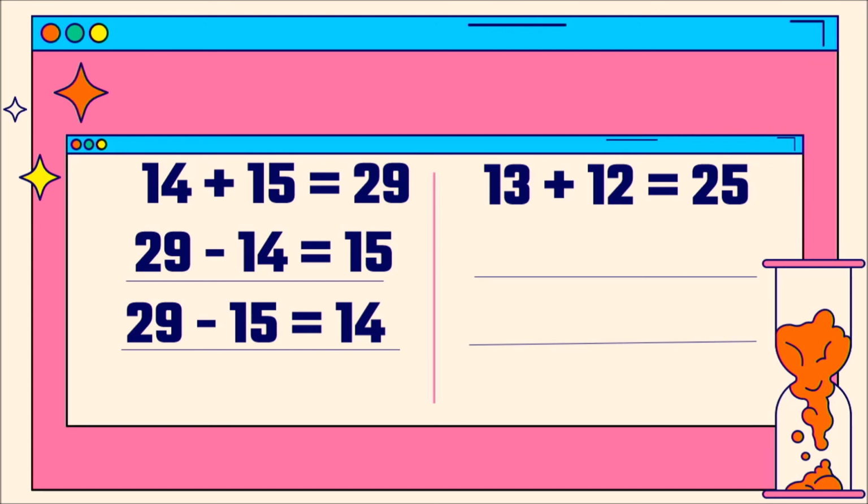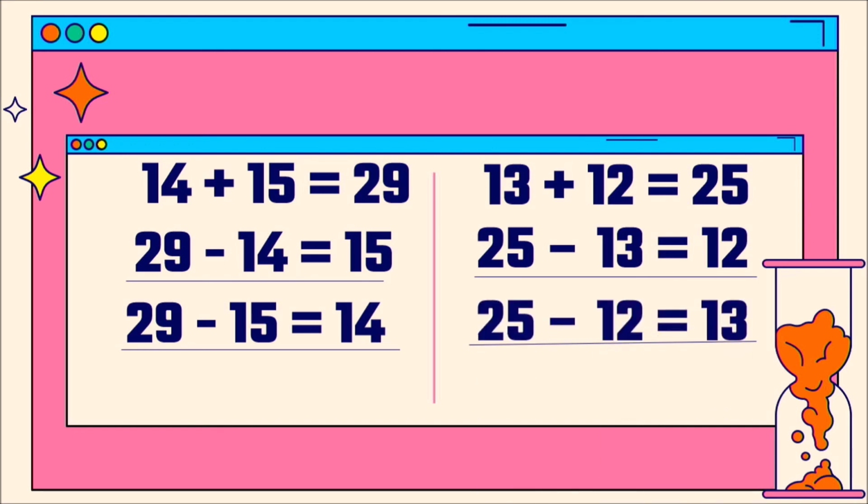So, 25 will become our minuend and 13 will become our subtrahend and equals to 12 as our difference. So, 25 minus 13 equal to 12. And the vice versa of it, 25 minus 12 is equal to 13.